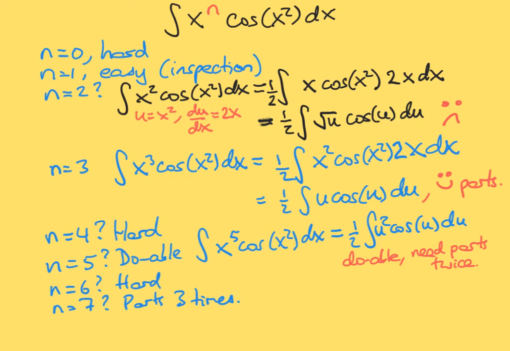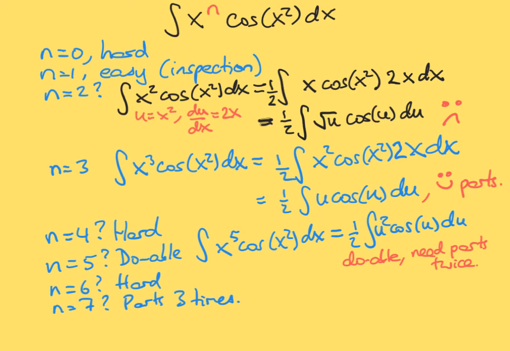But just to summarize what we've discussed in this slide, what we've seen is as you change n, it's sometimes easy for n is 1, and for n is 3, it was doable, but you need to use parts once. For n is 5, it's doable and you need to use parts twice.